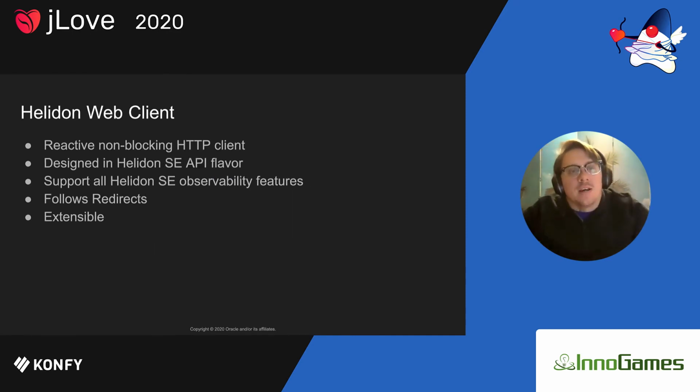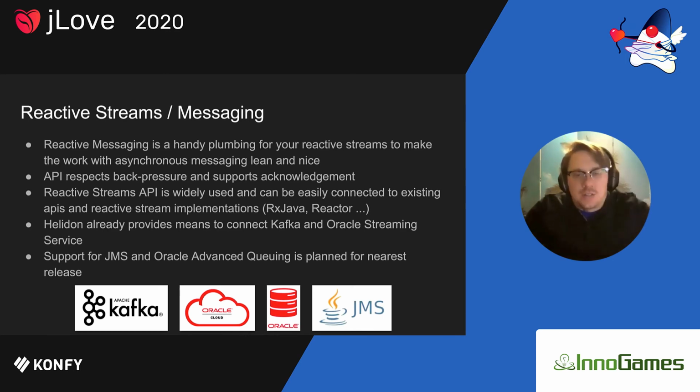Wonderful web clients. And what is actually happening right now is that we already provide a wonderful streams API. We have our own implementation of reactive streams, and we are able to connect to Kafka and Oracle Streaming right now. We do support JMS, so it is extremely powerful, and we are built on top of very standard technology.